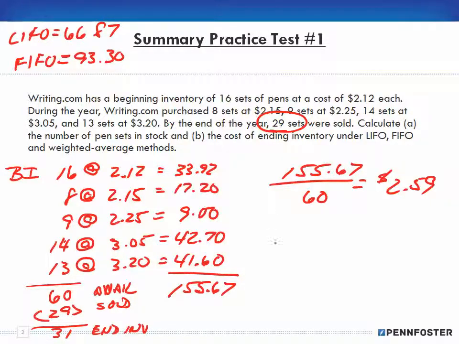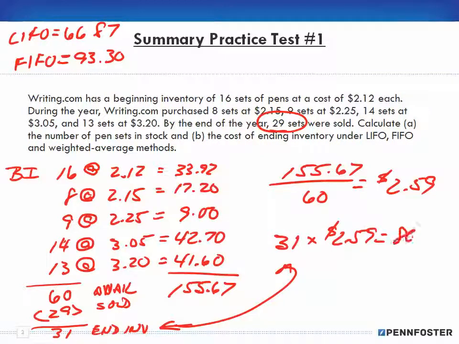Okay, and since we have 31 in ending inventory, 31 times 2.59 gives me $80.29 for the weighted average. Okay, so that's how you do the LIFO, FIFO, and the weighted average method.